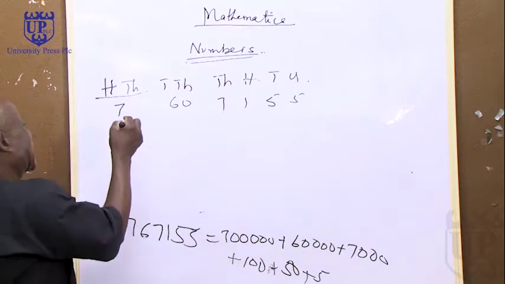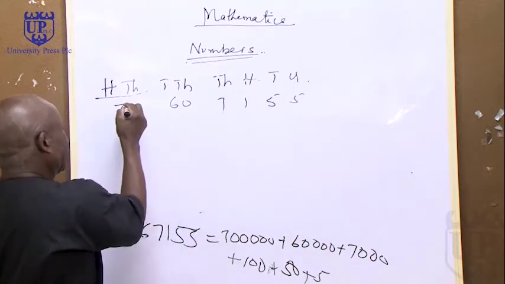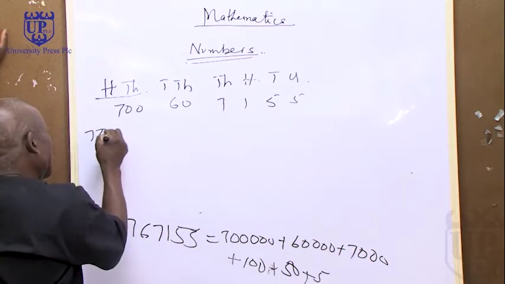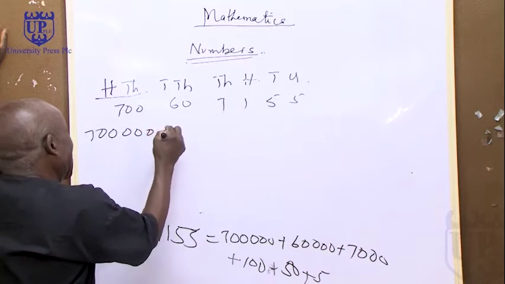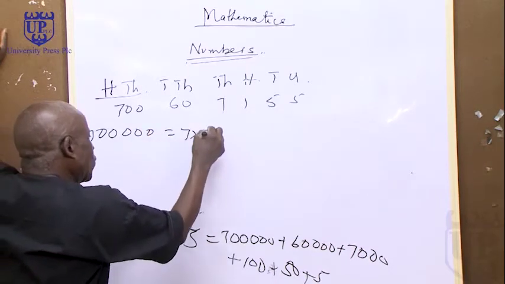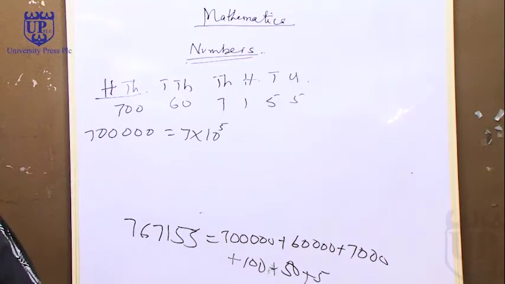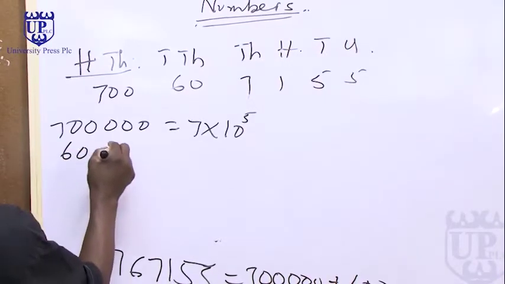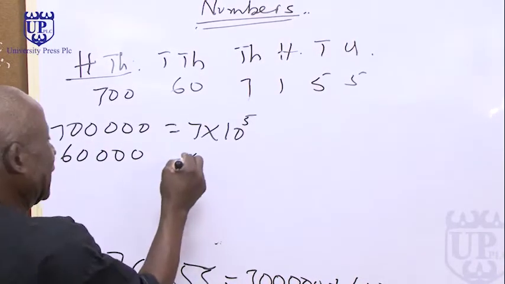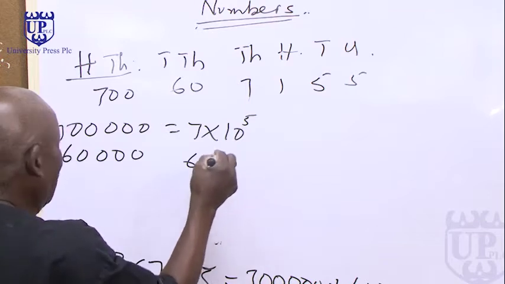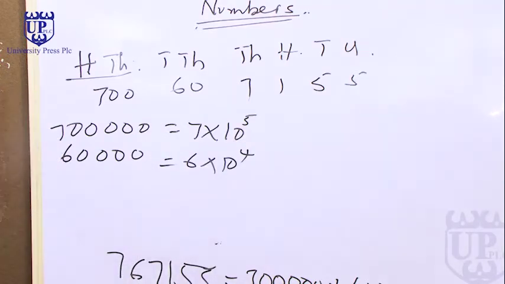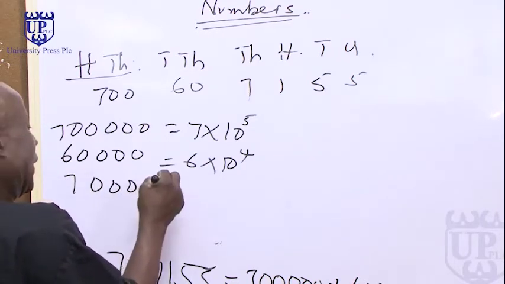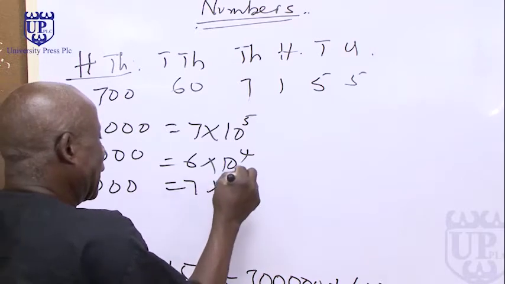Now what I'm saying now is this: 700,000 is the same thing as 7 multiplied by 10 raised to power 5. 60,000 is 6 multiplied by 10 raised to power 4. Now 7,000 is 7 multiplied by 10 raised to power 3.